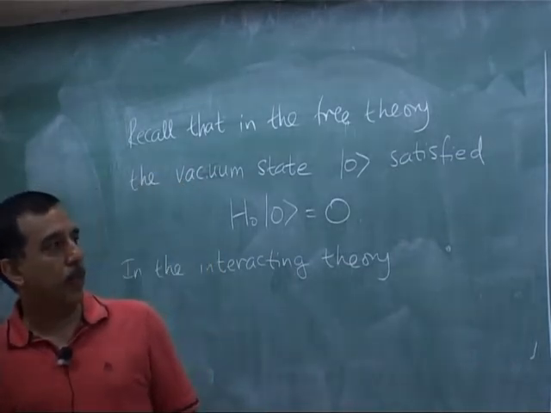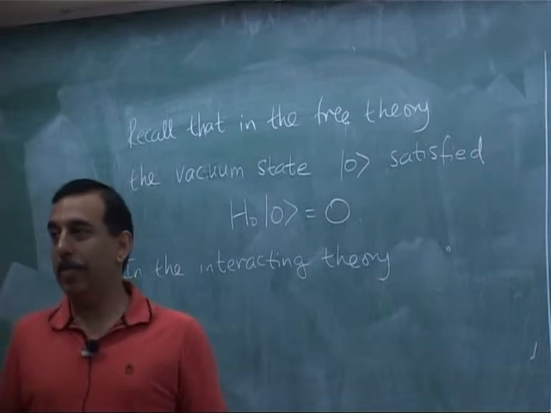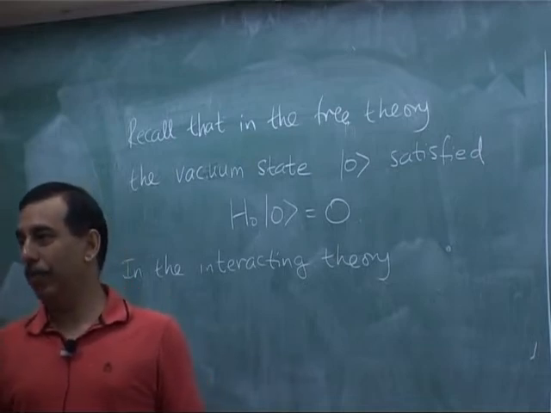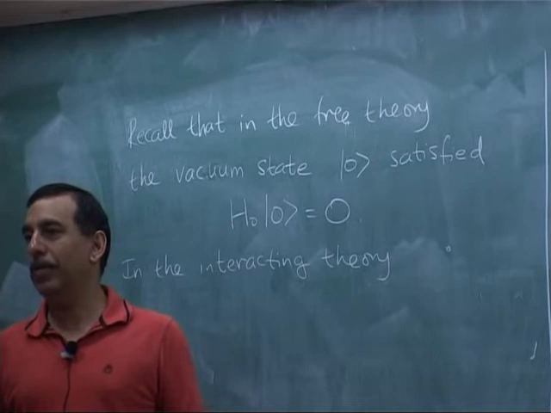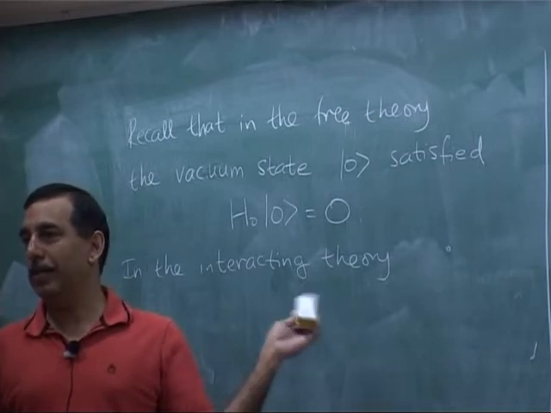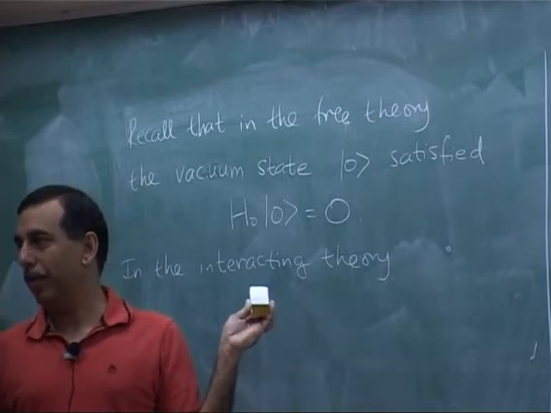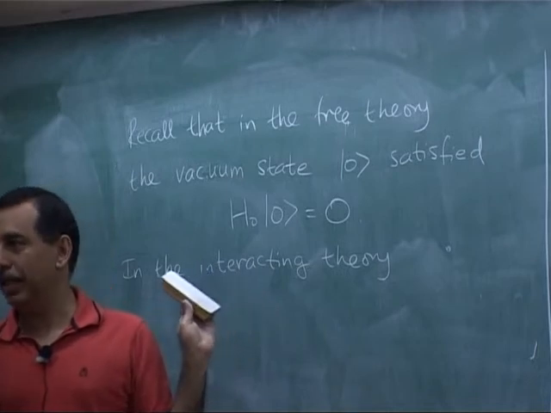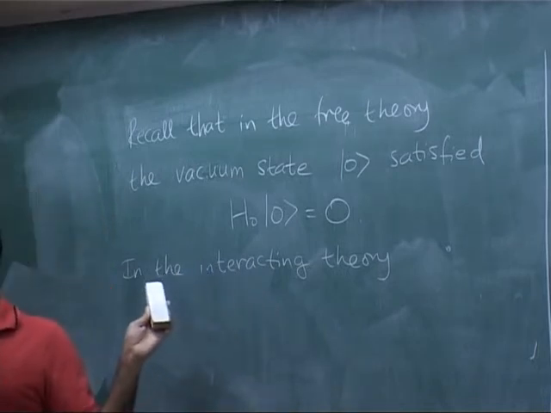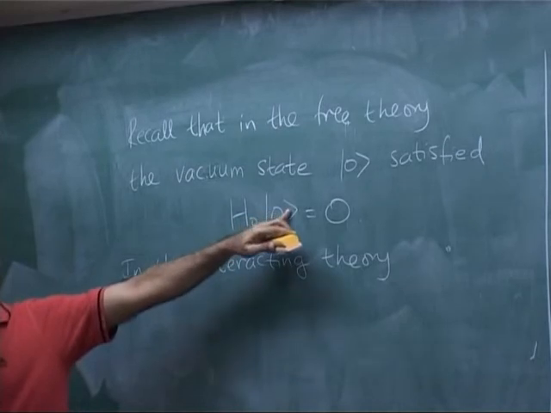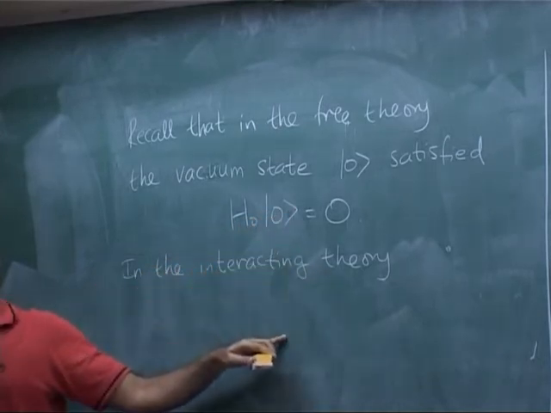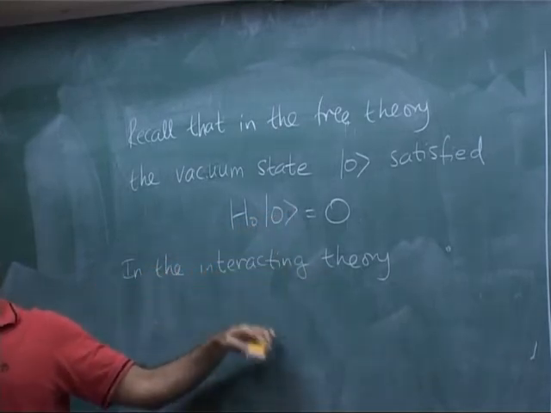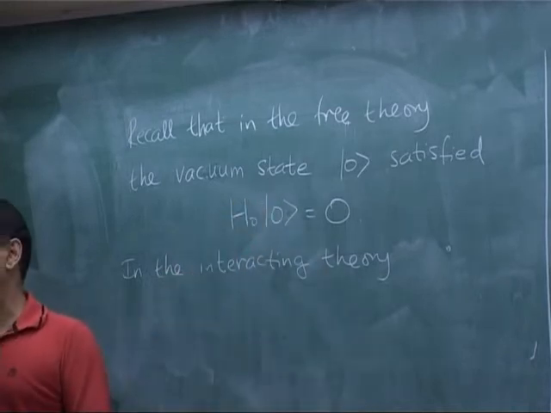In fact, now we should only work with that vacuum. We are not interested in the free theory anymore. But because we are doing perturbation theory around the free theory, we want to keep the free theory quantities as well as the interacting theory quantities, because the interacting ones will be expressed in terms of the free ones.